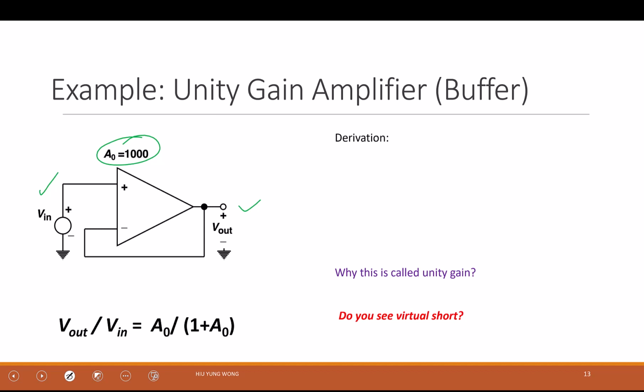Which equation should I use? Should I use V out equals A0 times (V plus minus V minus), or V plus equals V minus? I have two equations.